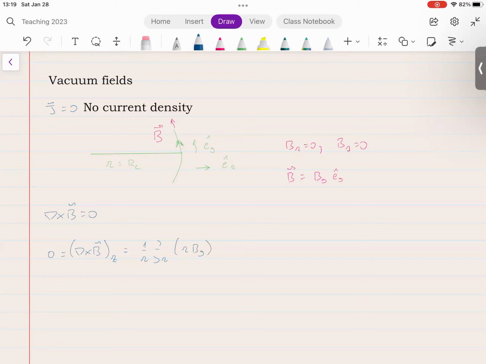As usual, check the NRL formulary if you are confused about the coordinates and how to write differential operators in this case, polar coordinates. And this I can expand to dB theta dr plus B theta over r. Remember, this is equal to 0.